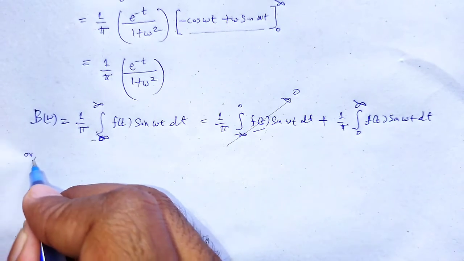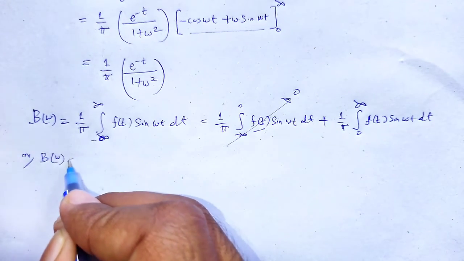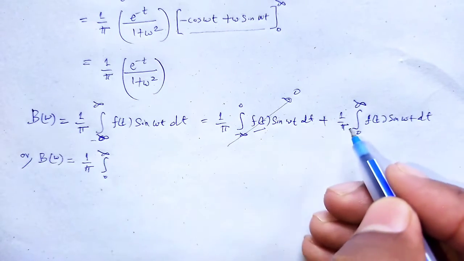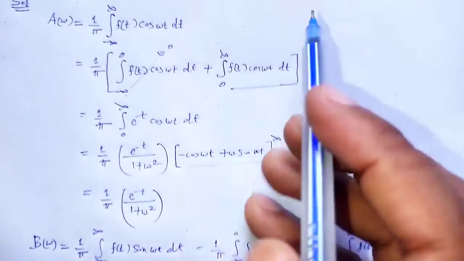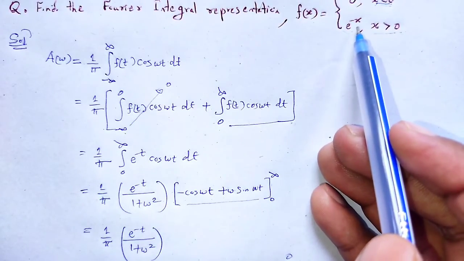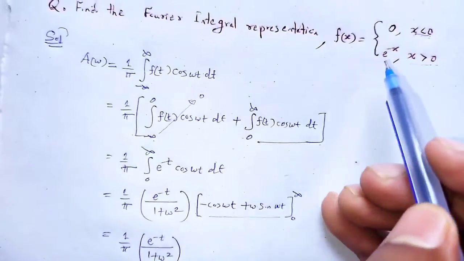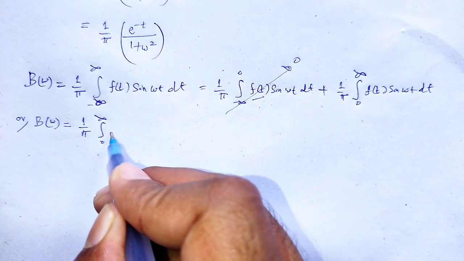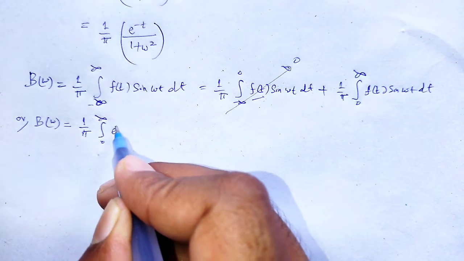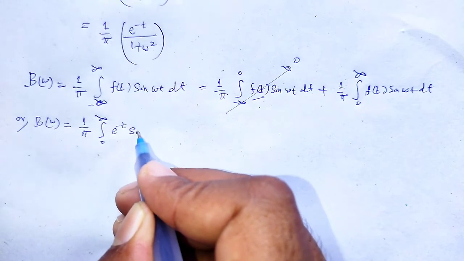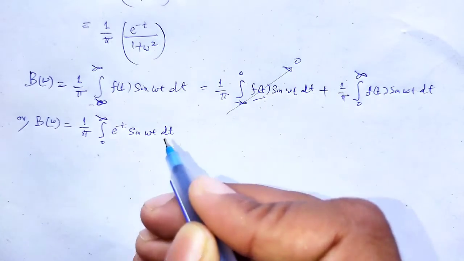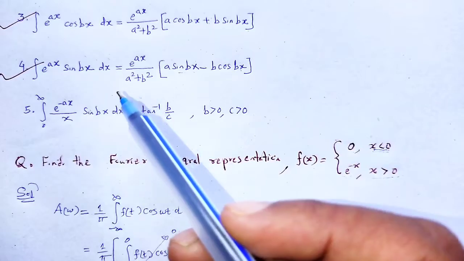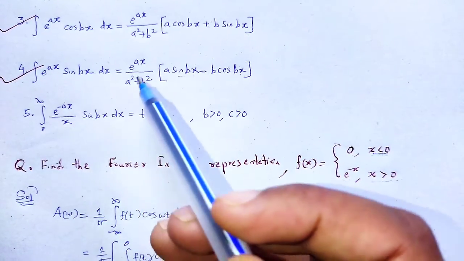So, b as a function of omega is 1 by pi integration from 0 to infinity of f of t, which is e to the power minus t, sin omega t dt. Here it is a function of t rather than x. We use the standard formula for e to the power x sin bx dx.